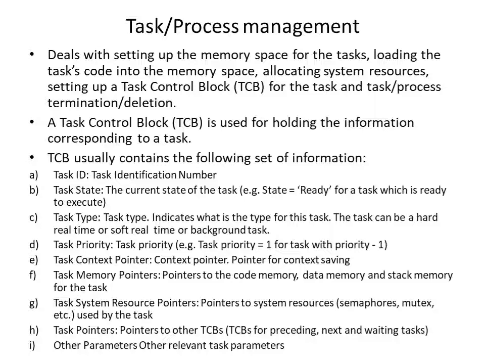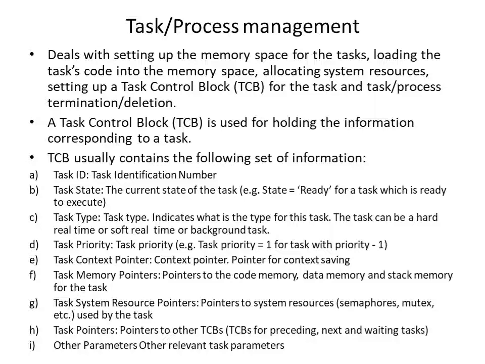These parameters and the implementation of this TCB are dependent on the kernel. The TCB parameters vary depending upon the kernel and also on the task management implementation. The task management services make use of the TCB to create a TCB for the task on creating a task.